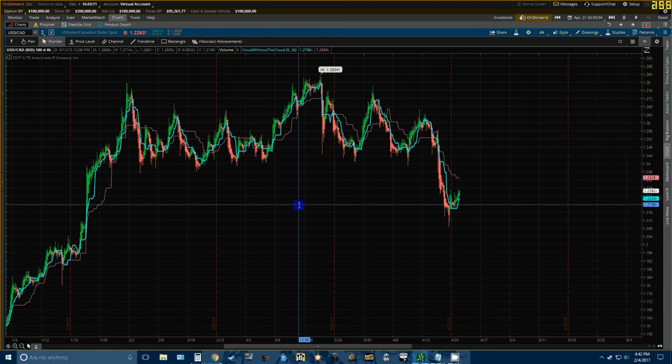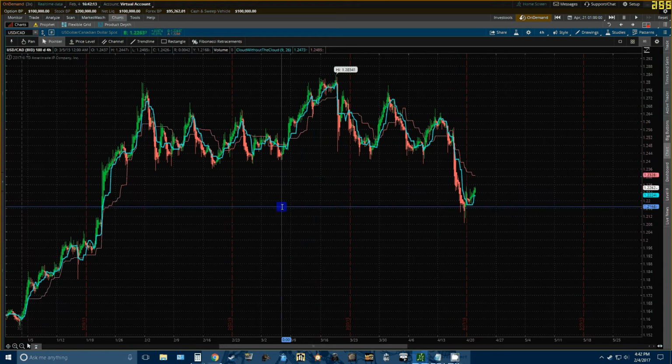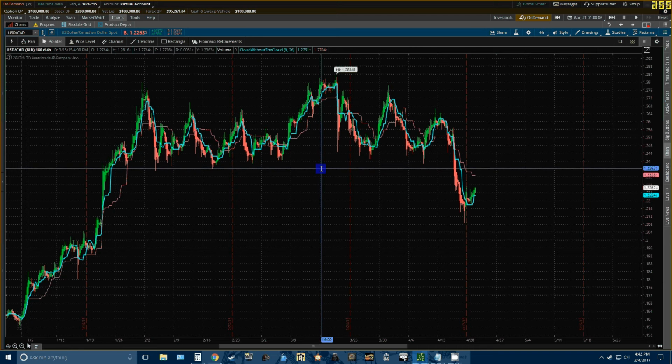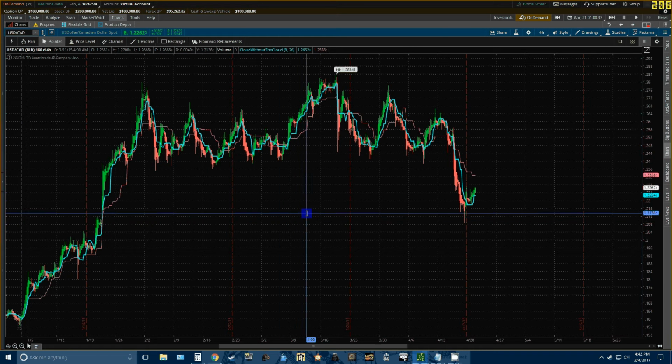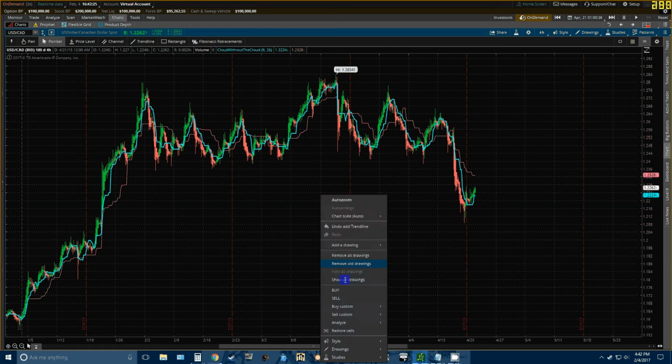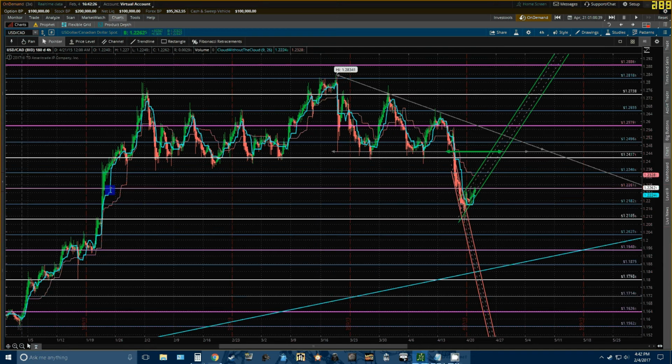Is there any support or resistance that I can see without the channel to tell me to buy here? And the answer is no. Maybe I would buy here, but oh, no, wait, let's show the drawings. If I show the drawings, okay, this is a bull spiking channel, which means the price would want to return to here sometime, and the price did return to there.